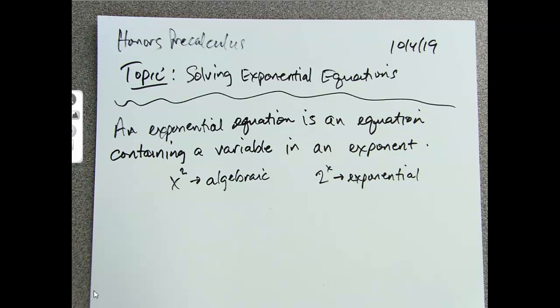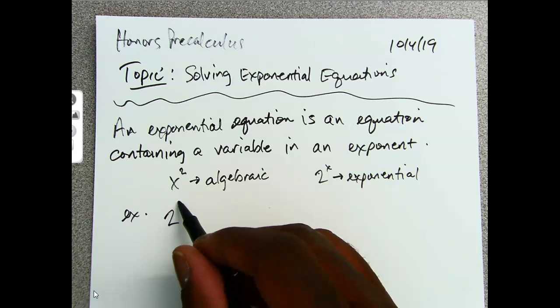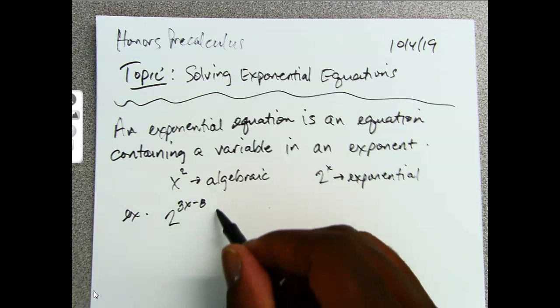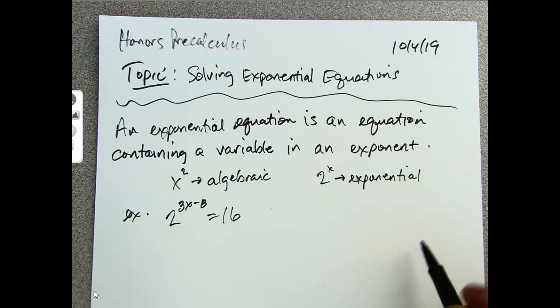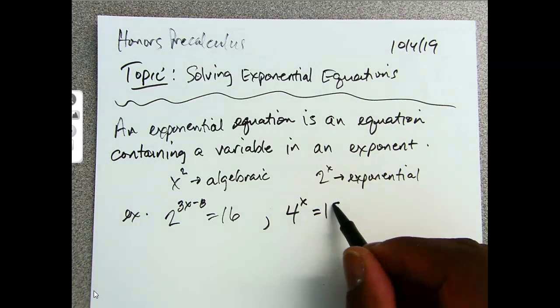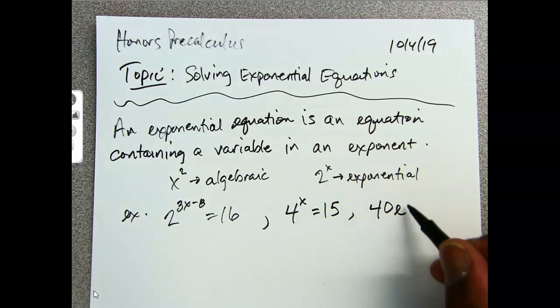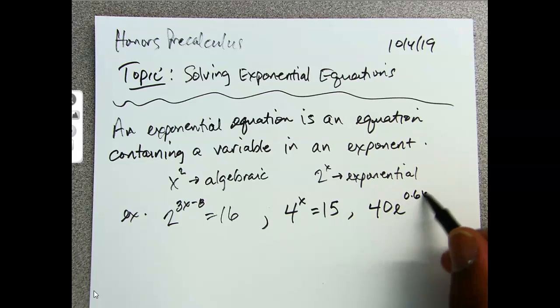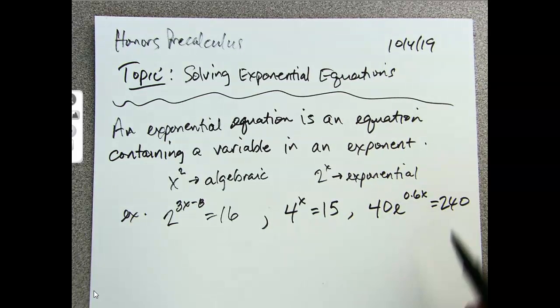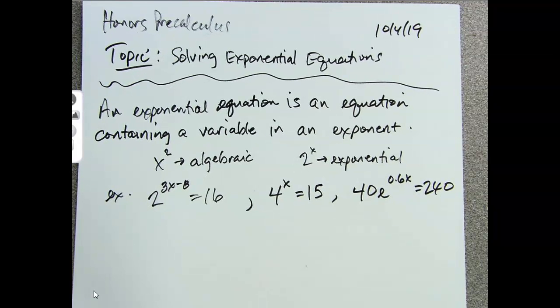So some examples of an exponential equation are 2 to the 3x minus 8 is equal to 16, 4 to the x is equal to 15, 40 times e to the 0.6x is equal to 240. So all of these would be exponential equations.